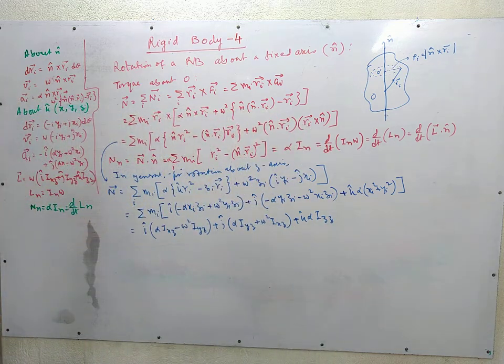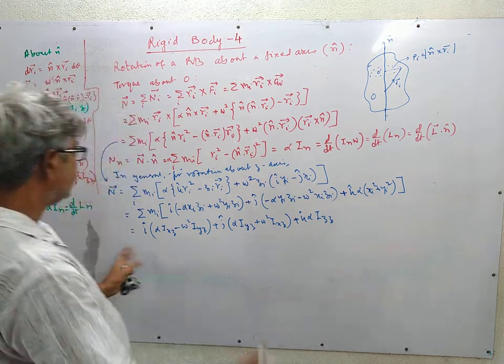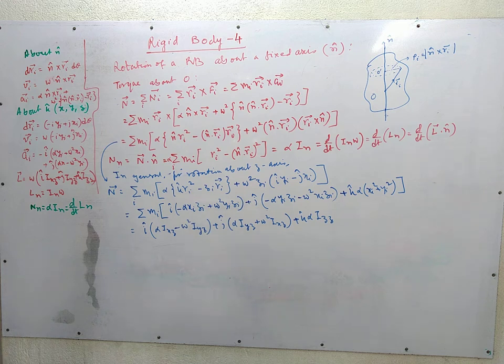This is the expression for the torque. So we see in general torque is not in the direction of angular momentum, because the relation between torque and angular momentum is a complicated one.